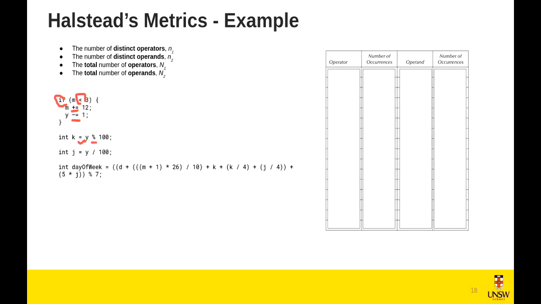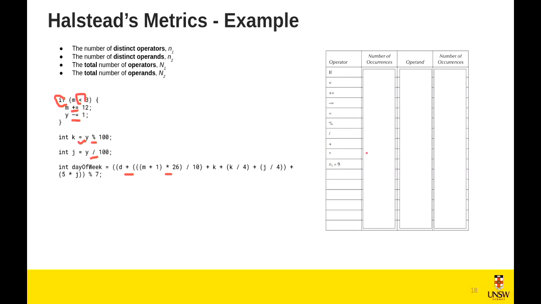And this modular and divide. And what else? Plus, times. Do we have more unique operators? Actually, no, right? So these are all the unique operators we have. We have 9 unique operators.